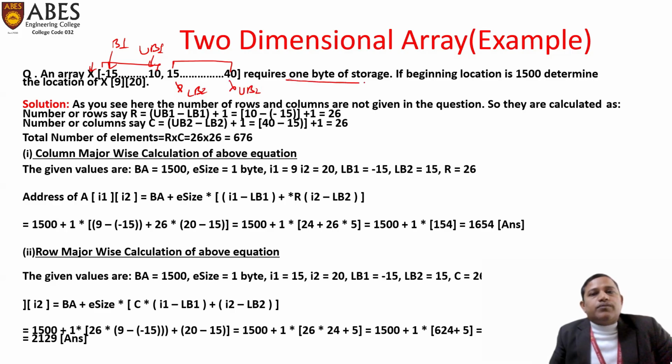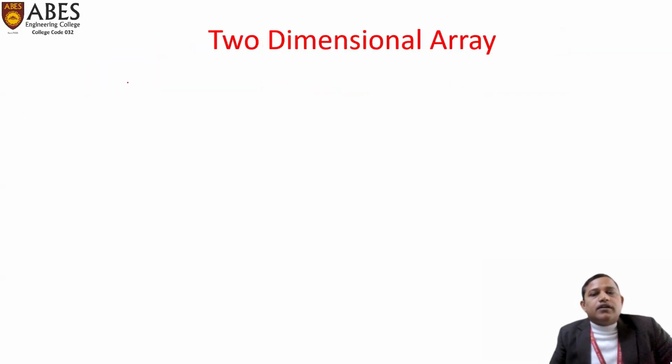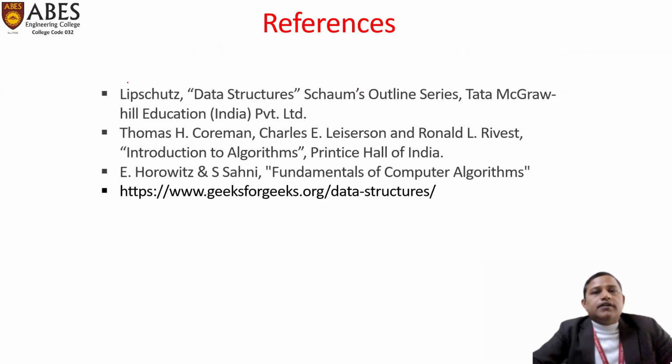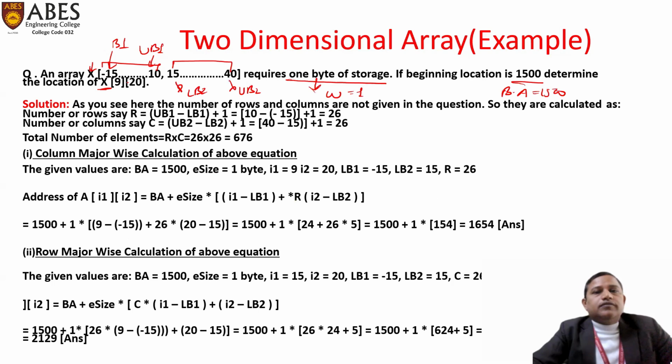And here it requires 1 byte of storage, so W is 1 byte. If the beginning location is 1500, that means your base address is 1500. Then it is asking what is the location of array X at index i, j, that means 9th row and 20th column.